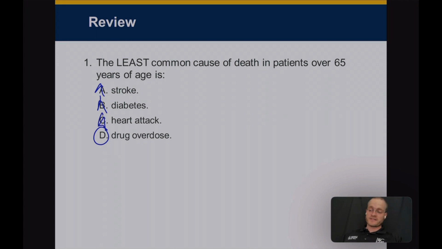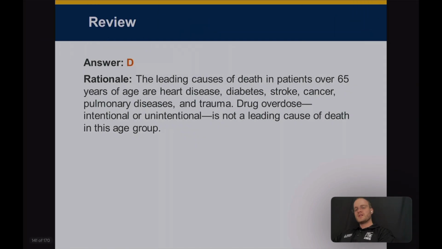It's surpassed accidental trauma actually in the United States, and so a very sad state of affairs in America with fentanyl being smuggled into our country and killing our youth. There's not in the history of mankind been a greater cause of death of our youth than fentanyl, than drug overdose. So very, very sad that our government and our society is allowing this to happen. So it's D, drug overdose. It's more common in young people.